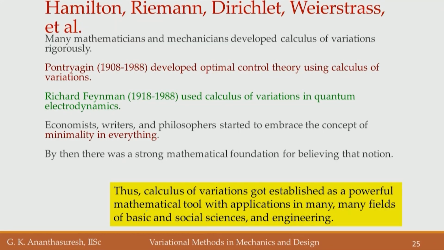Before that, Schrodinger used it in deriving what we now call Schrodinger's equation. Economists, writers and philosophers also use the concept of minimality. Even if it is not calculus of variations, there is a notion of minimality in all of these. As we said in the last lecture, in life we try to optimize or minimize. If you know calculus of variations, you will have a powerful tool which is a foundation for many mathematical physics concepts.